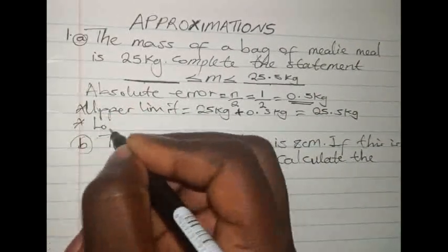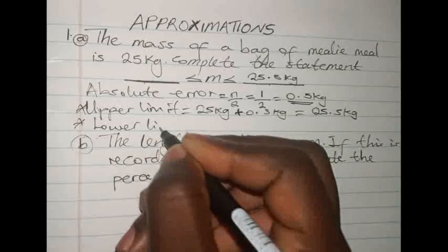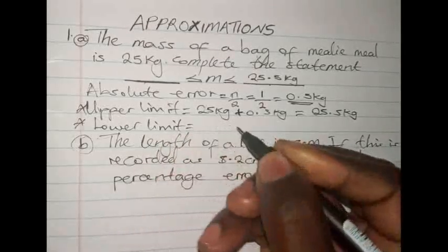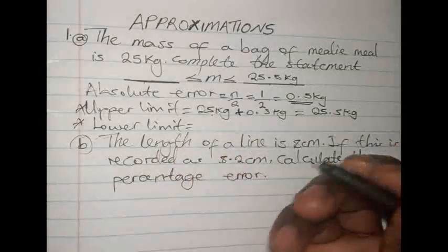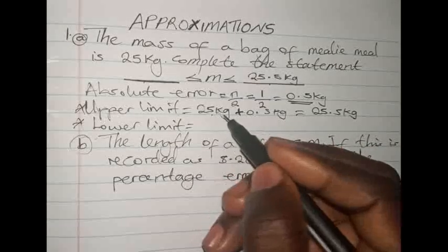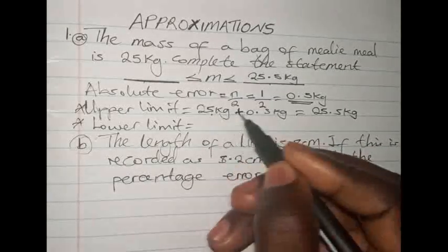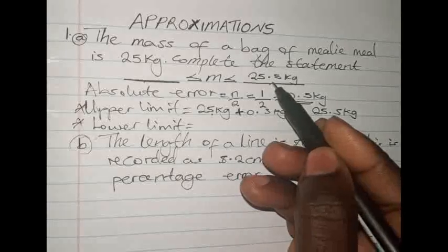On the lower limit we subtract the true value minus the absolute error. Here we were adding the true value plus the absolute error to give us the upper limit.